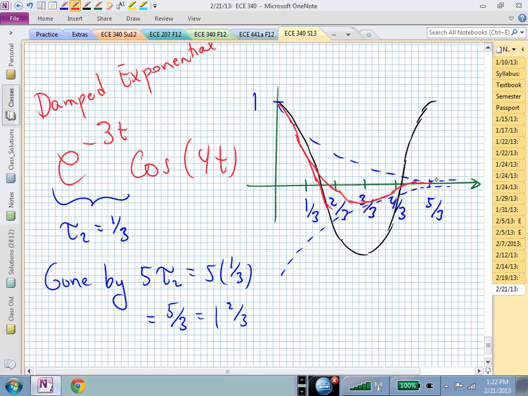But that's what the exponentially damped, wow, I better quit while I'm ahead. That would be what the exponentially damped cosine would look like. Does everybody see that? In 5 time constants, which is almost the same as one cycle, we're done.